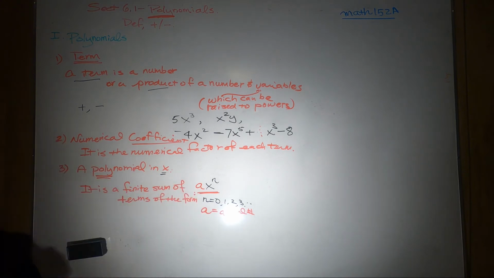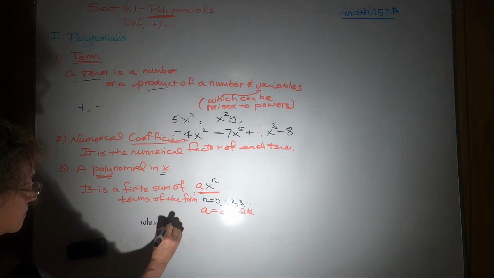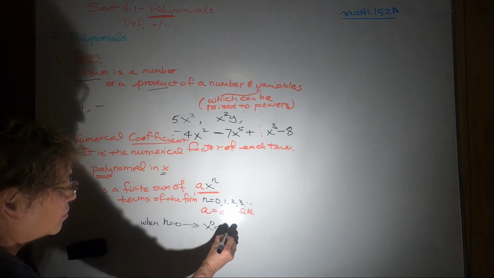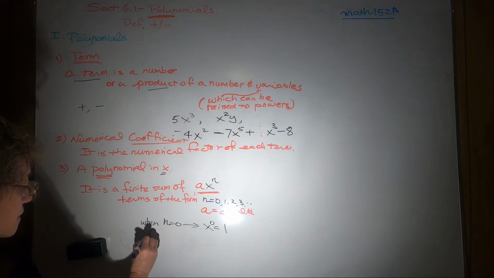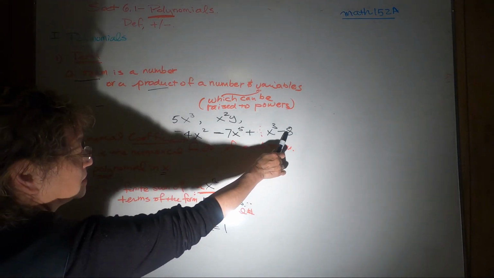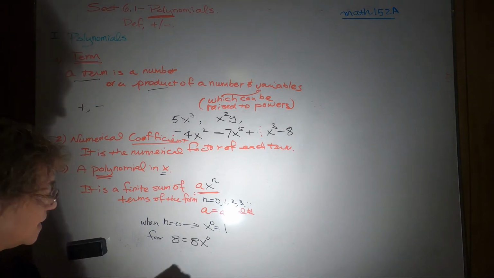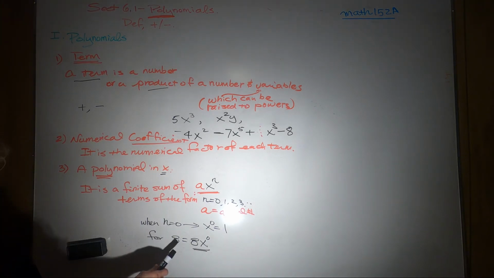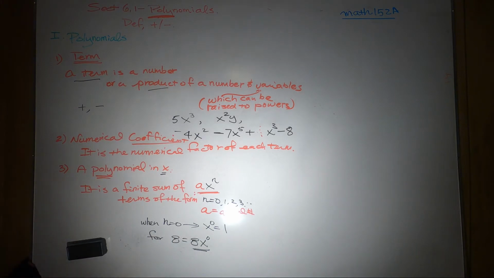If n is 0, when n is 0, we say anything to the 0 power is what? 1, right? So for a number, say 8, right? 8 will be what? 8 times x to the 0 power because that's 1, right? So it's the same. So for the number part, it's like you have a variable behind it, but only with 0 power, okay?